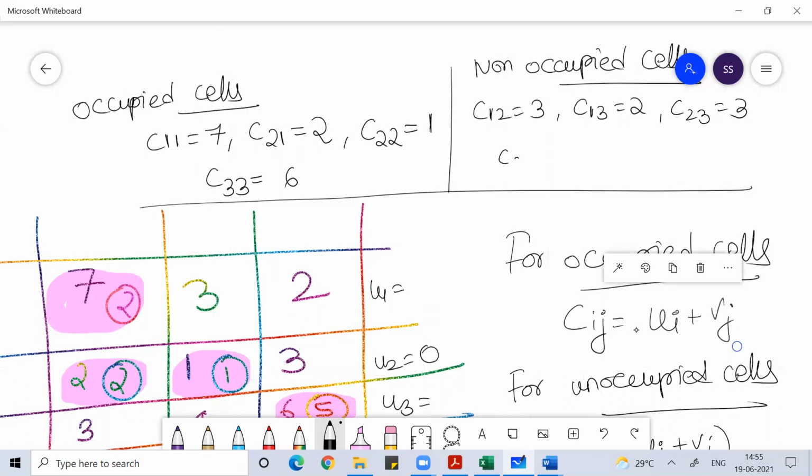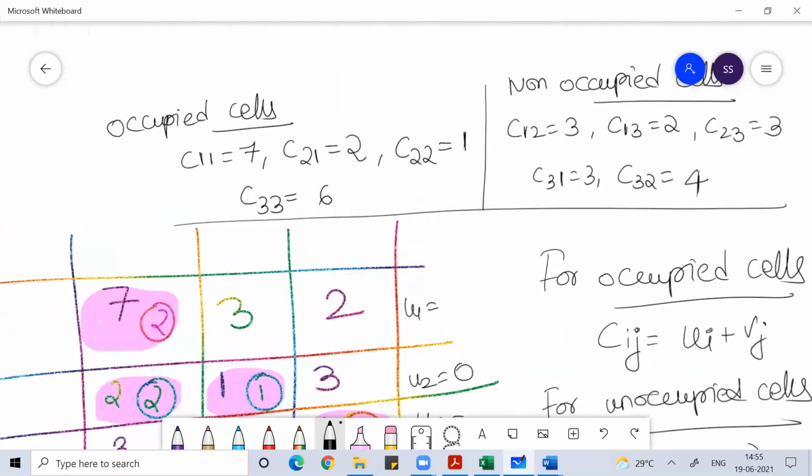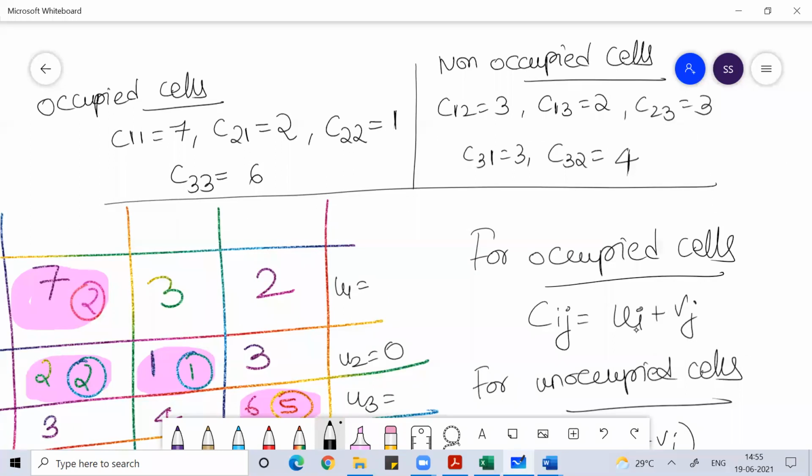Then C31 is 3. And then C32 is 4. I hope you can find their costs very easily. So for the occupied cells, what is the cost? For the non-occupied cells, what is the cost? That part is clear with everyone, right?